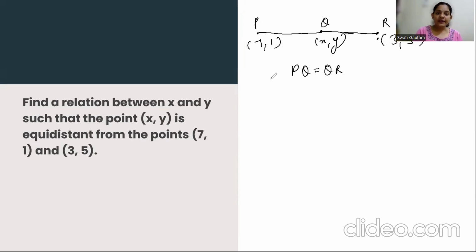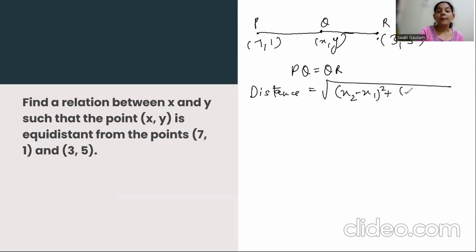In coordinate geometry, you have learned the distance formula, which is very, very important. So please learn the distance formula. And what is the distance formula? It is the square root of (x2 minus x1) whole square plus (y2 minus y1) whole square. Now what are x2, x1, y2, y1? How will I get them?